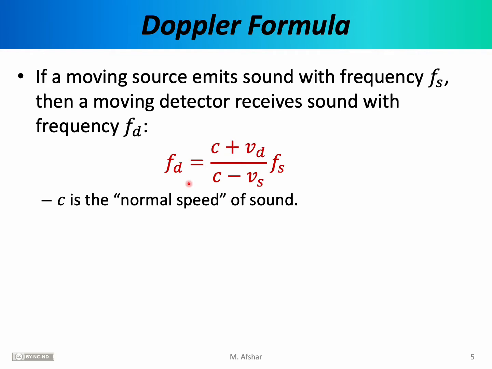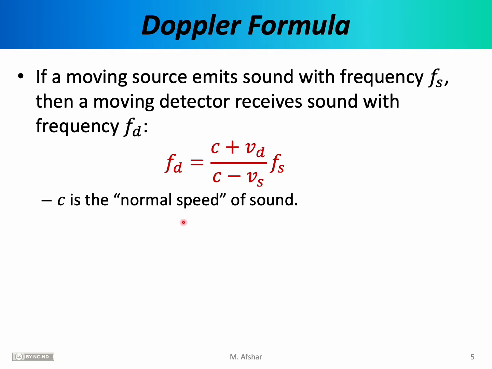According to this formula, the detected frequency and the source frequency are not necessarily equal to each other. In this context, the source could refer to a person simply talking, but it could also refer to a noisy motorcycle, an audio speaker, or a musical instrument being played. The detector could simply refer to a person listening, but it could also refer to a recording device.